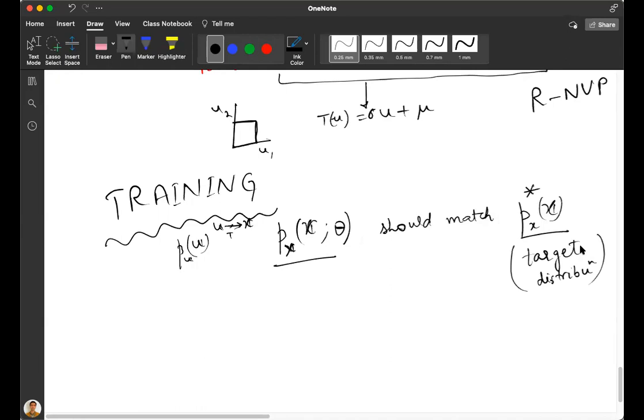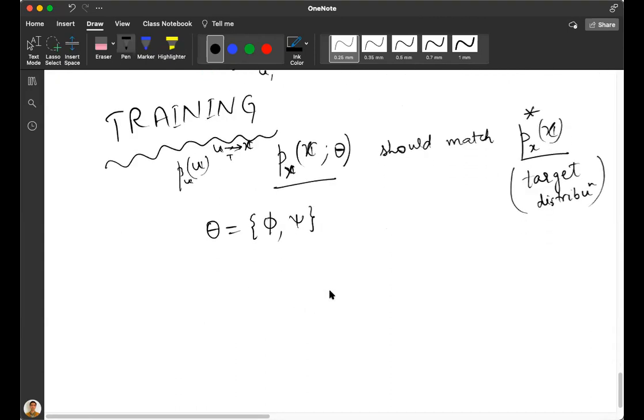Okay, good question asked. We can also make it a little bit like this. So theta are the parameters and they can consist of two kinds of parameters, phi and psi. What are phi? Phi are the parameters of T. So when I say my x is equal to T(u), I can say my x is equal to T of u; phi.